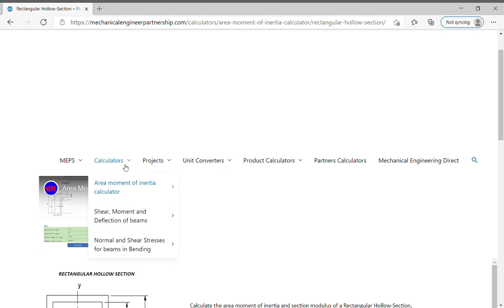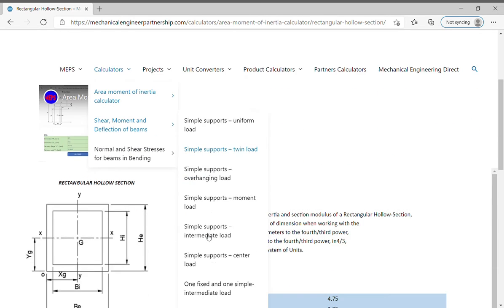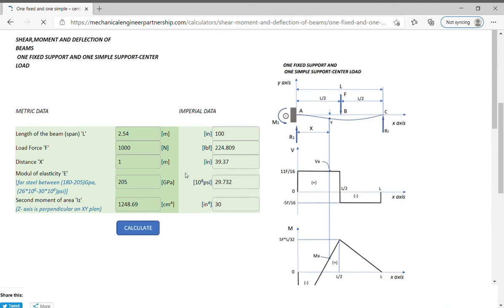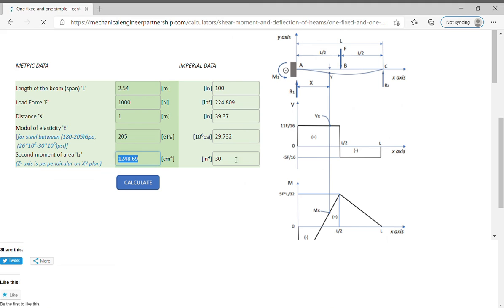Copy the value and return to the one fixed support and one simple support center load, shear moment, and deflection of beam calculator. Paste the value of area moment of inertia in the second moment of area cell, and replace the length L, 200 inches, 300 pound force for F, and then 100 inches for x distance, modulus of elasticity 30 megapounds force per square inch, and then calculate.